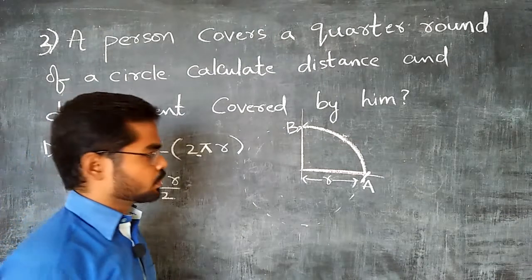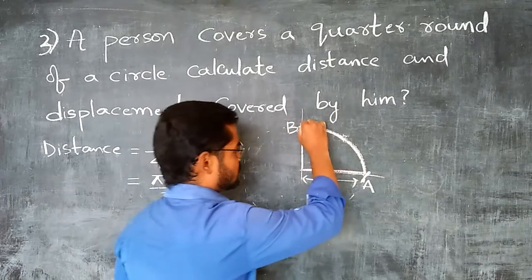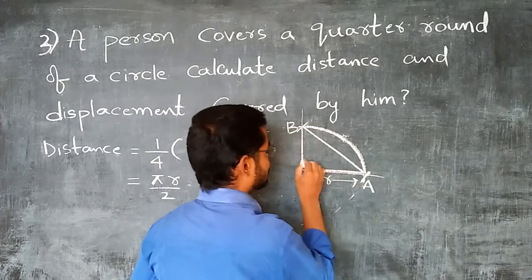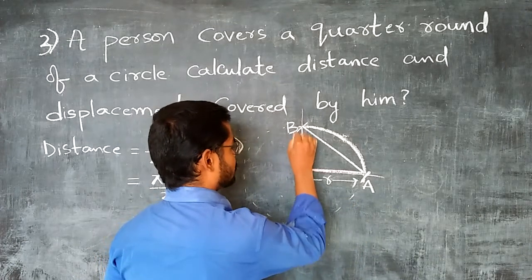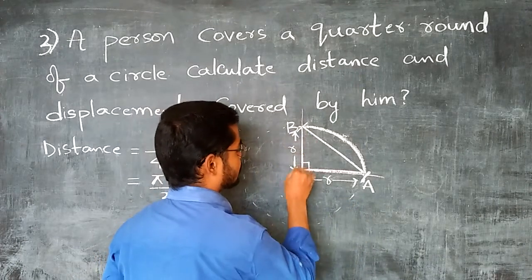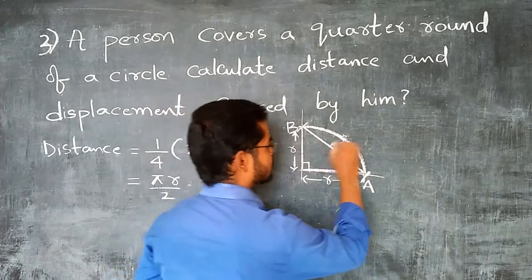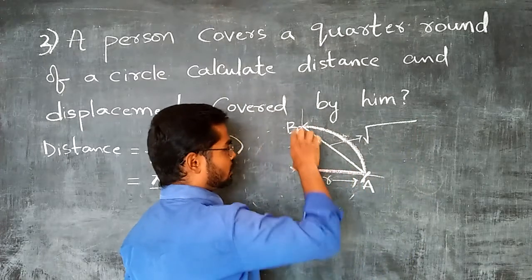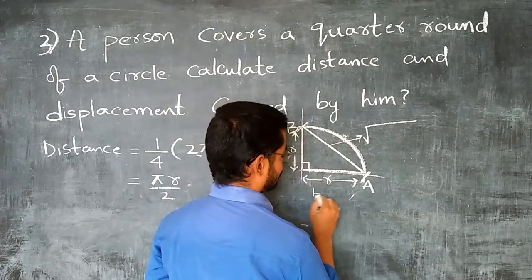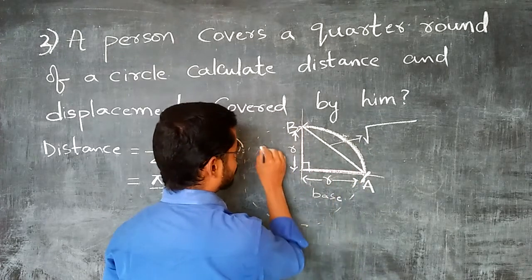What is the displacement? To get displacement, you need to join the initial point and the ending point. If you join them, this becomes a right angle triangle, and this side is the same as the radius of the circle. So by using Pythagoras theorem, the hypotenuse is equal to the square root of base square plus height square.